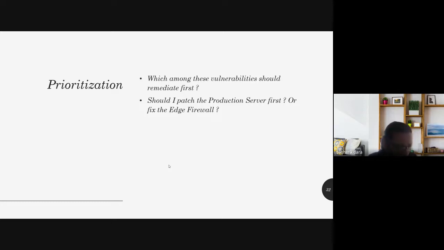When the researchers announced that they found Log4j and it started making news, the first question from the executive level people was: what is the impact? Is my organization impacted? What does it mean to me and my organization and such like, from the executive level, CISO, CIO level.